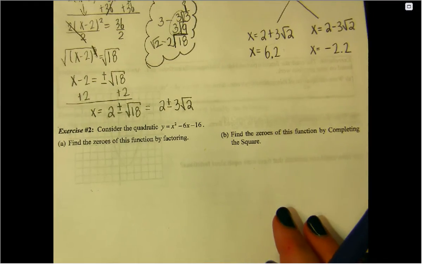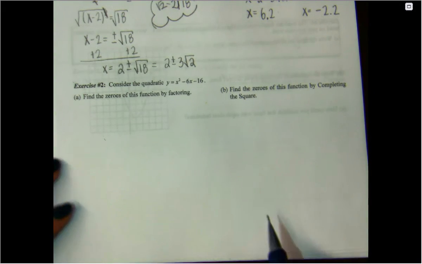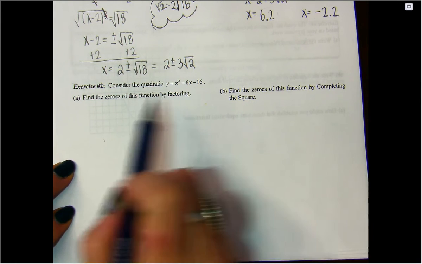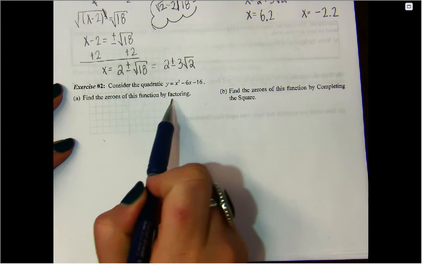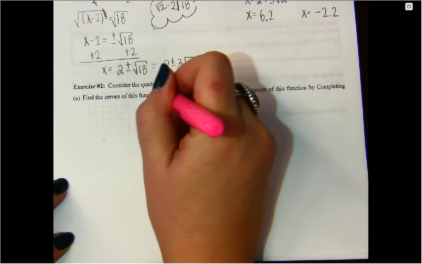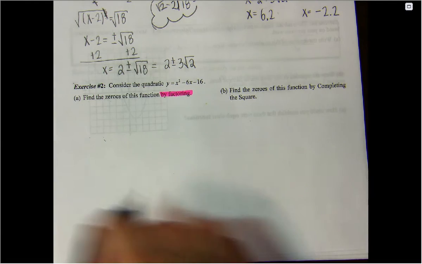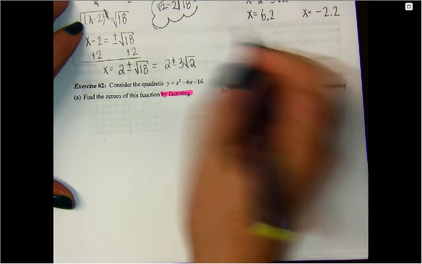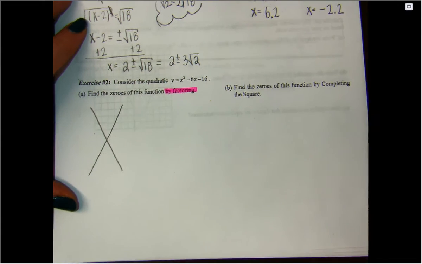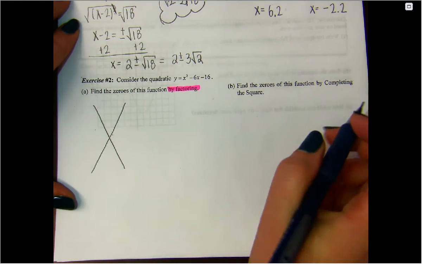Alrighty, so let's do these two down here. So consider the quadratic y equals x squared minus 6x minus 16. Find the zeros of this function by factoring. So this one is actually telling us how to solve it by factoring. When you are factoring, you do the long or short diamond or X method or however you want to call it, but you make a big X on your paper.